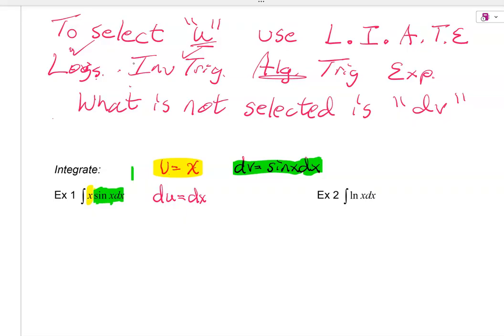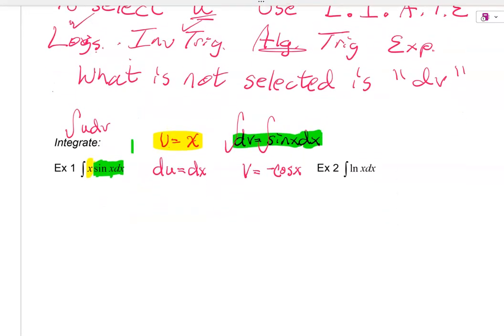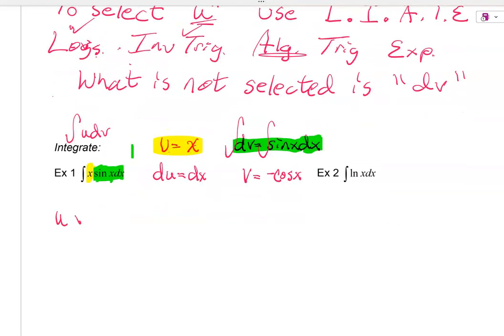When I have dv, I'm going to take an antiderivative. v is going to equal, it's almost like imagine that you're integrating right here. What's the antiderivative of sine? Careful now, it's negative cosine of x. Okay, so right now you can think, okay, so what's going on? Well, you just reinterpreted this problem as u dv, and let's follow what you should have memorized, or you will shortly.